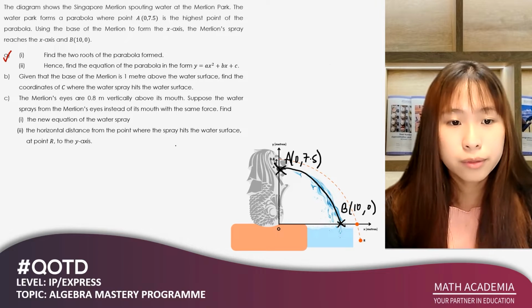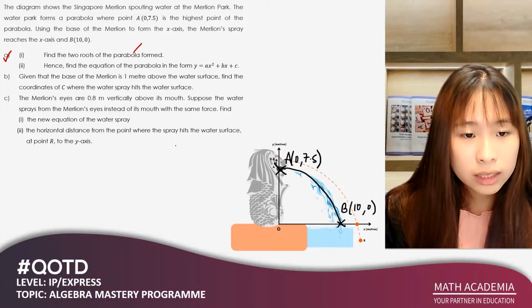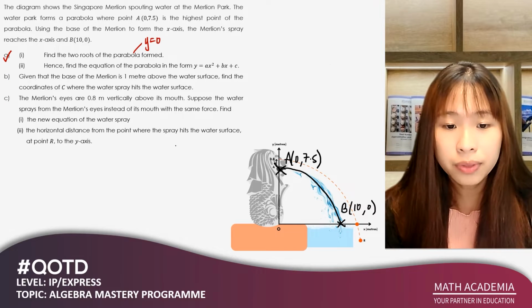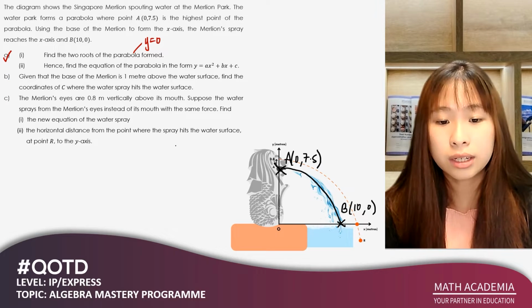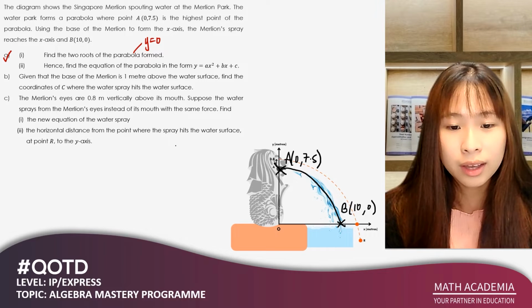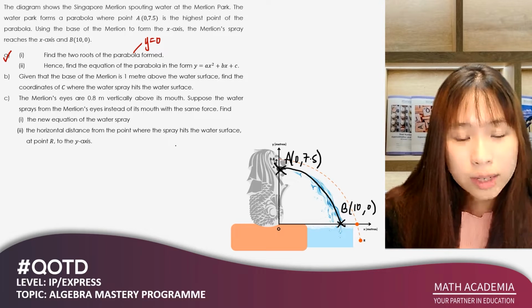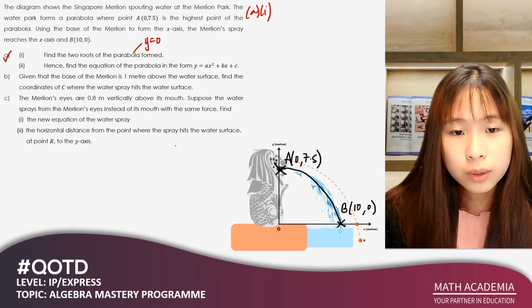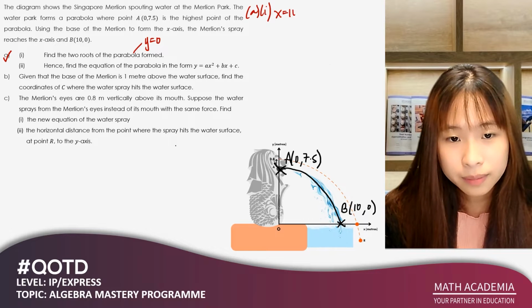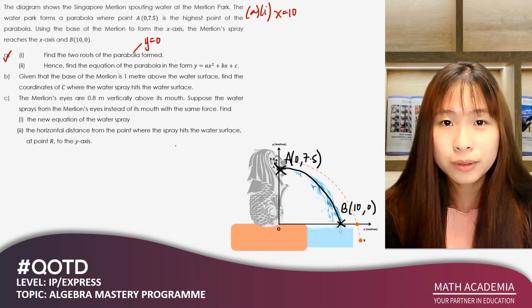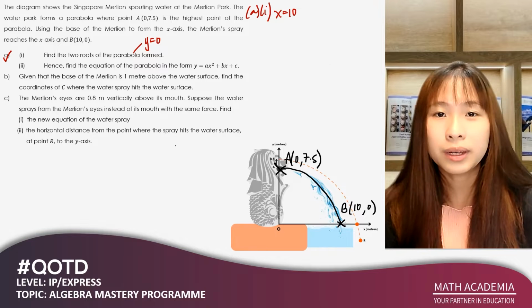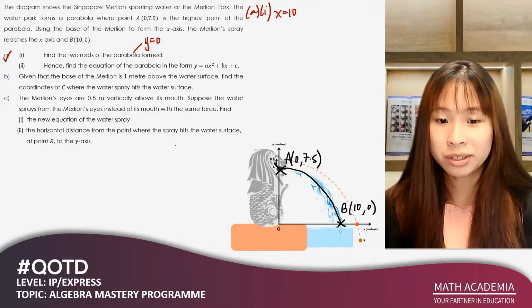In order to find roots, we are concerned with the x value when y equals 0, which is essentially where the equation cuts the x-axis. The question has already given us the first root, which is x equals 10. To find the other root, we need to use the idea of symmetry.